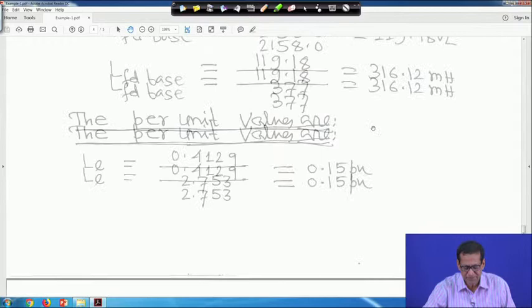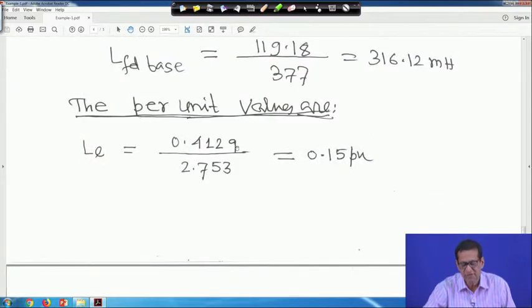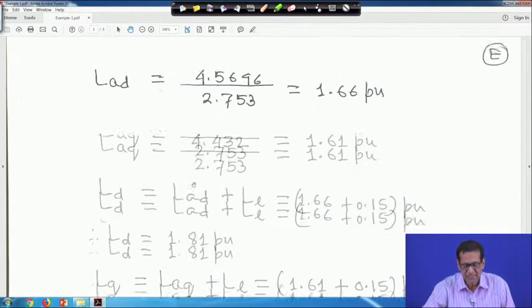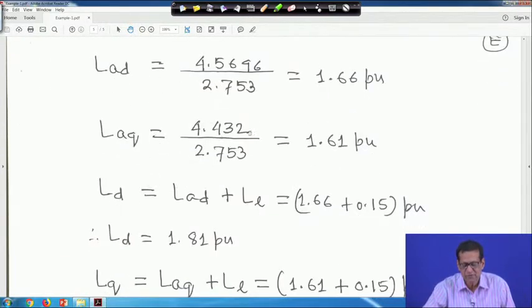So that is 0.15 per unit. Similarly LAD will be 4.5696 divided by 2.753, that is 1.66 per unit. Similarly LAQ is 4.432 divided by 2.753, that comes around 1.61 per unit.